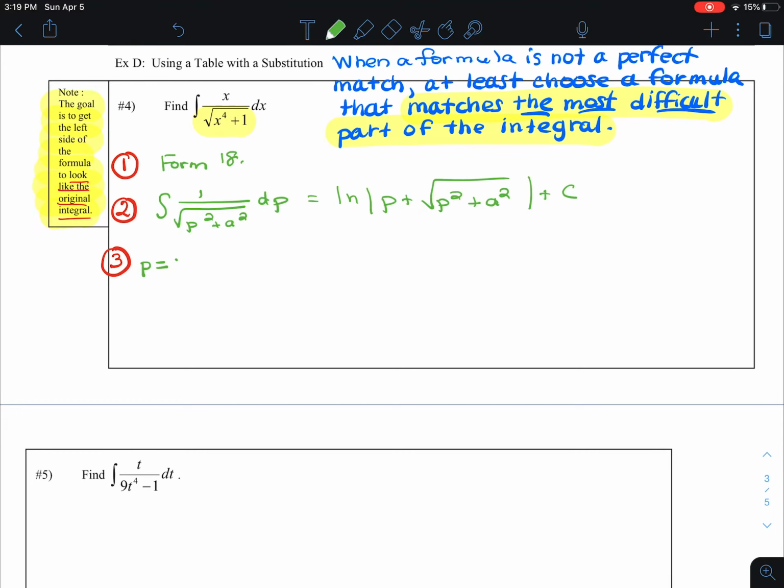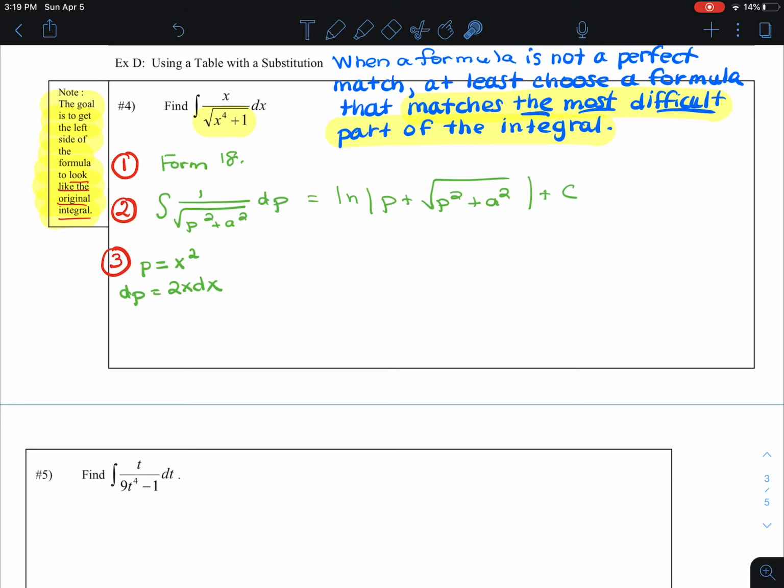Well, if I replace the p with an x squared, then when I make that substitution, I'll be substituting an x squared here, and then I'll be squaring my x squared, which then will make that an x to the fourth. Anytime you do a variable substitution, you need to take the derivative of both sides of this.